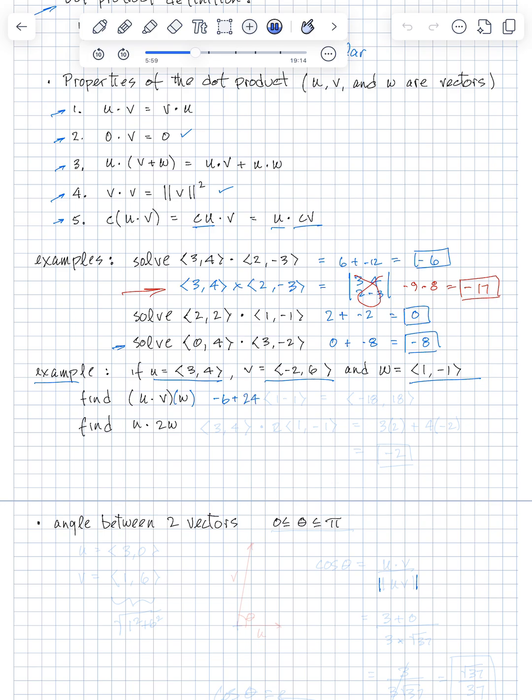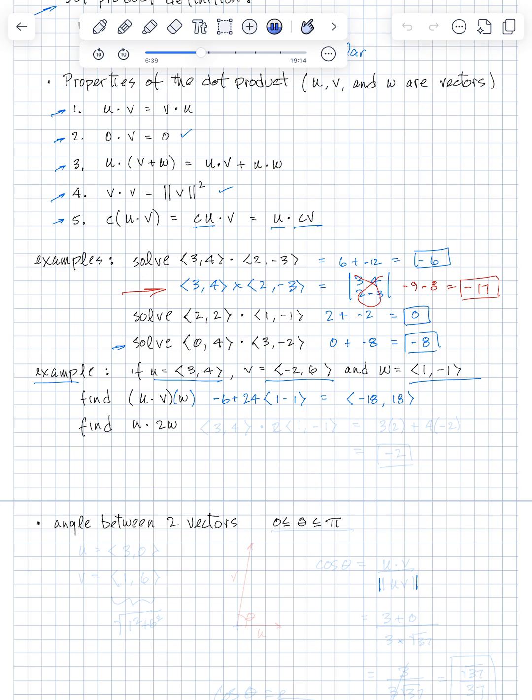Then we want to multiply that by W, which is 1, negative 1. So we have 18 times 1, negative 1. It's going to give us 18 times 1 is 18, and 18 times negative 1 is negative 18.